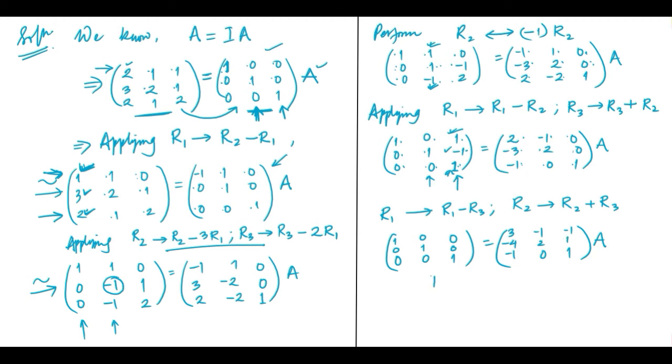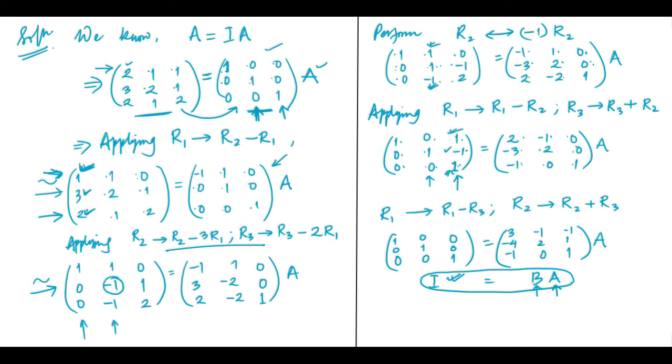Now this is the identity matrix, this is some other matrix, and A carries alongside. So now you have come down to I equal to BA. That means if you multiply a matrix B with the given matrix A, you get the identity matrix.